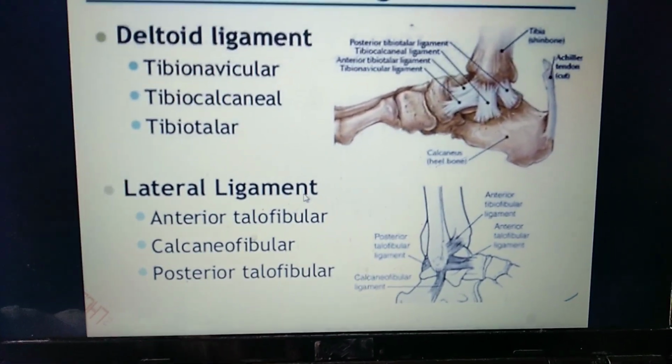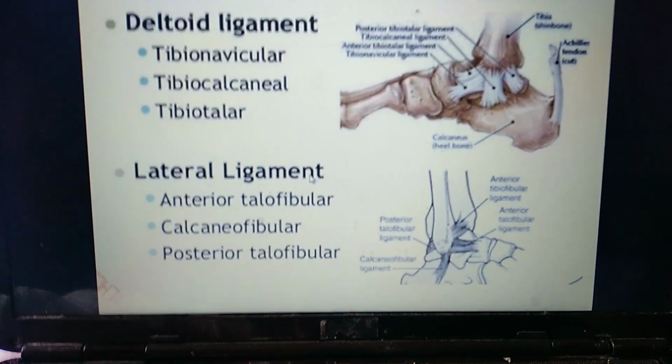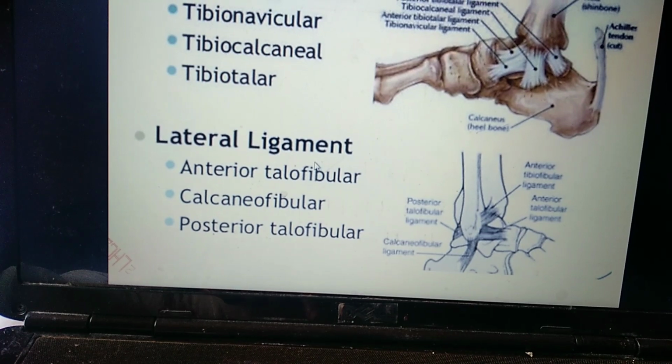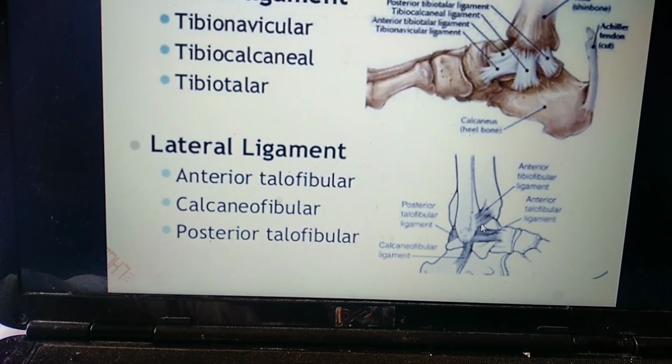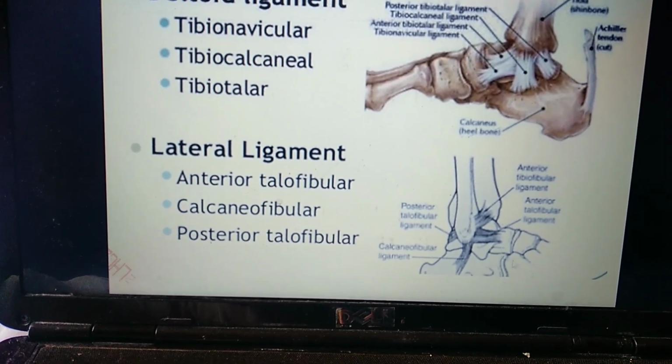Now coming to the lateral ligaments of the talocrural joint, we will see that there are three distinct ligaments. This is the fibula, this is the tibia. Now this is the talus. Sorry, this is the calcaneum, this is the talus.